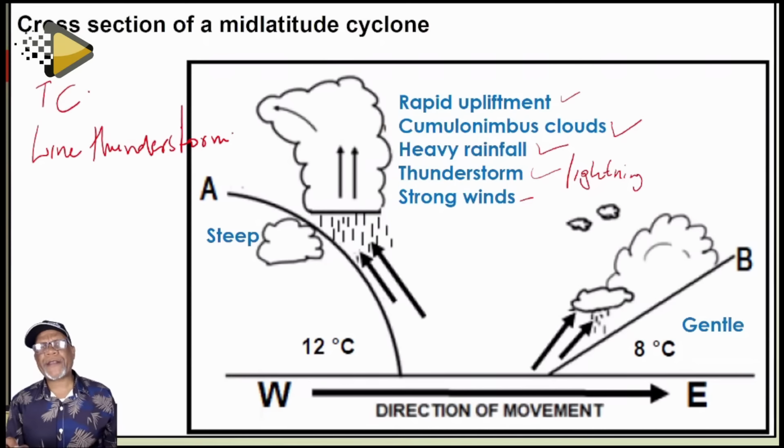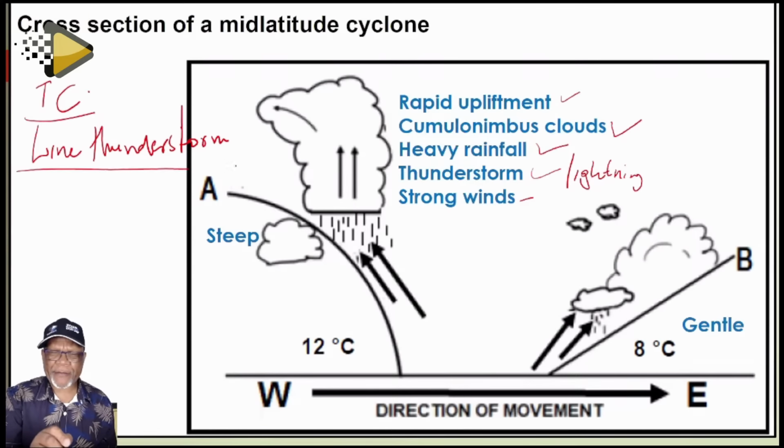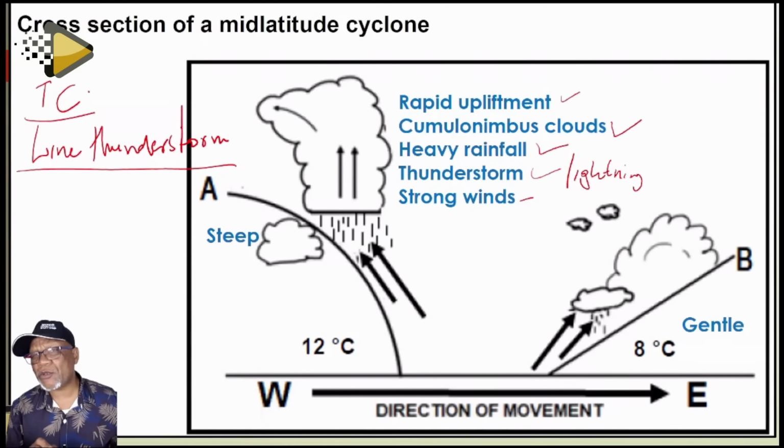So there are three weather phenomena that are associated with cumulonimbus clouds. What you should know now is that, because three of them have cumulonimbus clouds, when you talk about the impact on the natural environment, the impact will be the same.